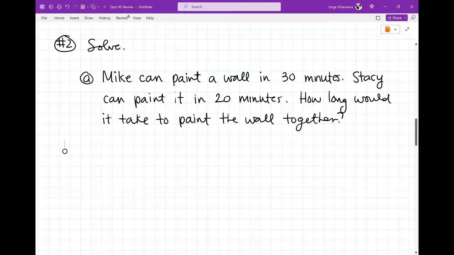So right here it says Mike can paint a wall in 30 minutes. Stacy can paint it in 20 minutes. How long would it take to paint the wall together? So remember, our formula is this: T equals xy over x plus y.